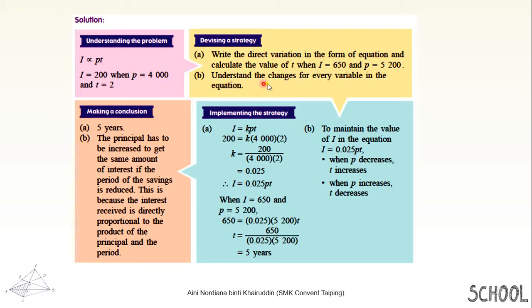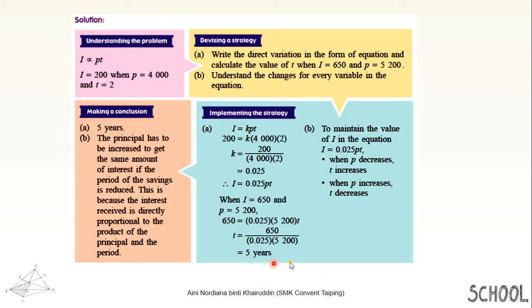Then understand the changes for every variable in the equation. So this is the equation form, and then you substitute the value of I, P and T to get the value of K. Then this is the equation: interest equals 0.025PT. And then substitute the value of I and P to get the time. So this is for question A.